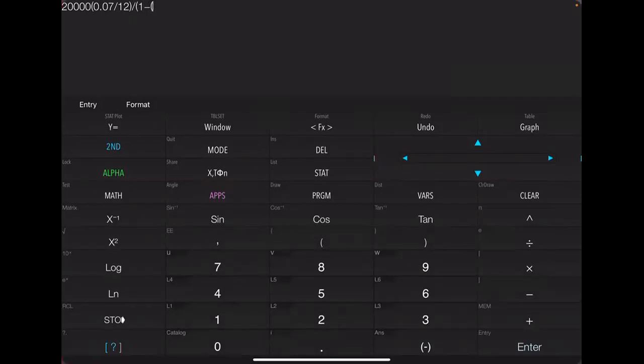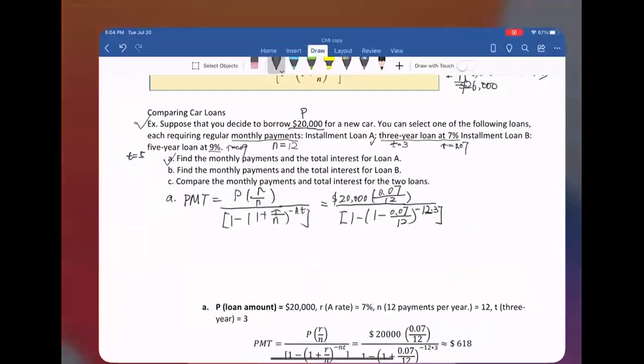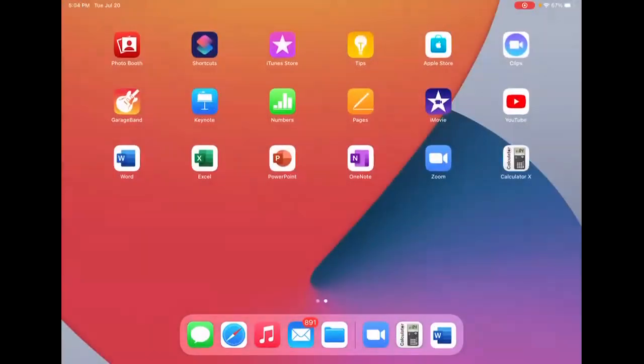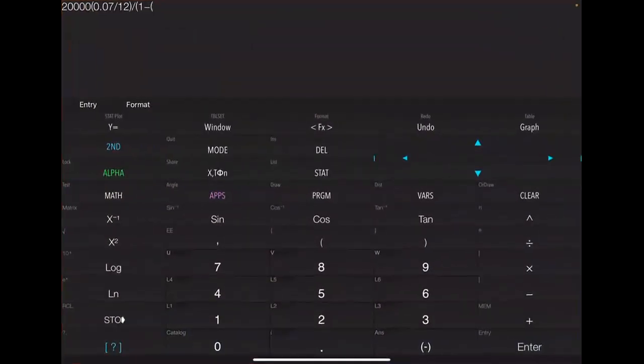1, oh, do I have something wrong? Oh, the formula is wrong here. Okay. 1 plus 0.07 divided by 12.